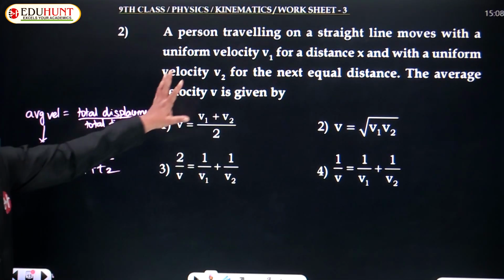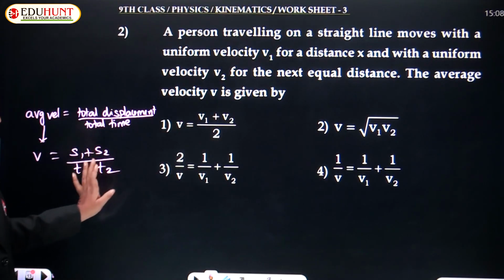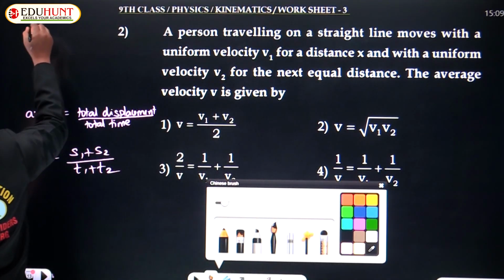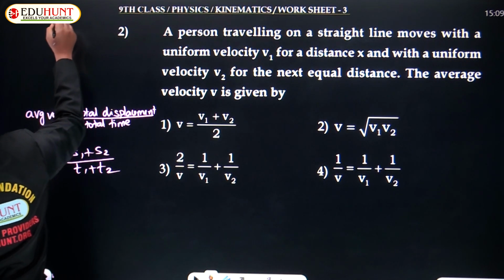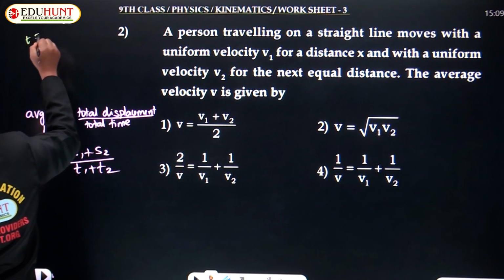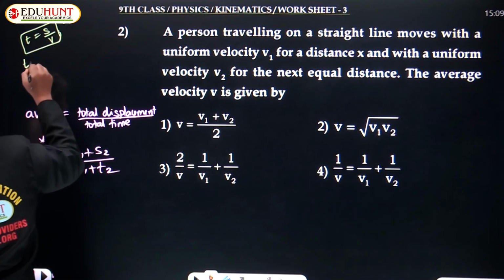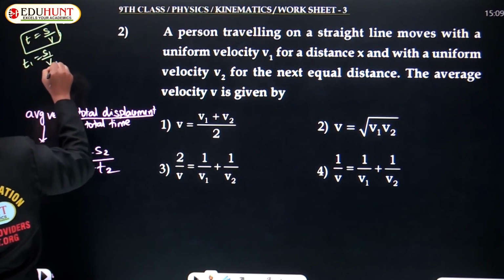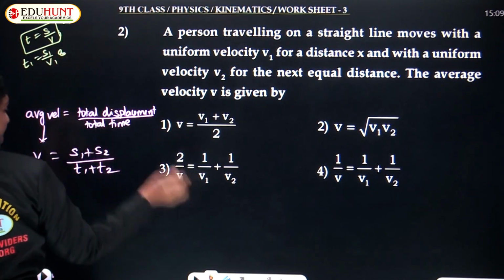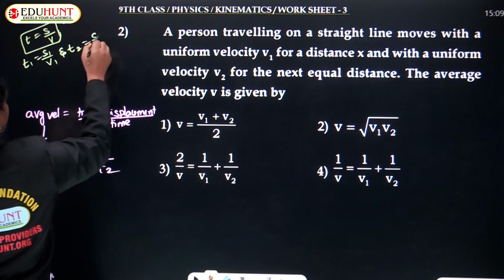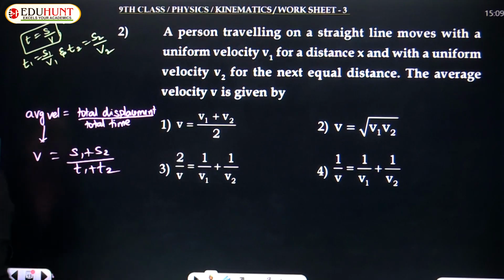But here nowhere is the value of time mentioned, so you have to eliminate time. From our formula, speed equals velocity equals displacement by time, time can be written as displacement by velocity. So, T1 is equal to S1 by V1 and T2 is equal to S2 by V2.